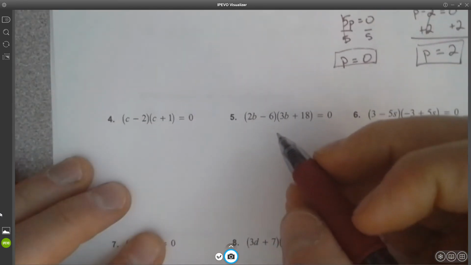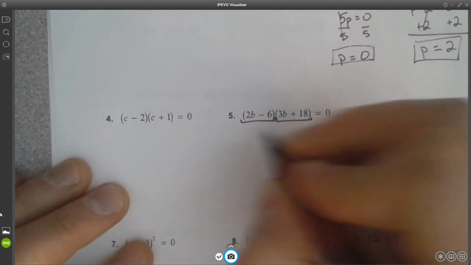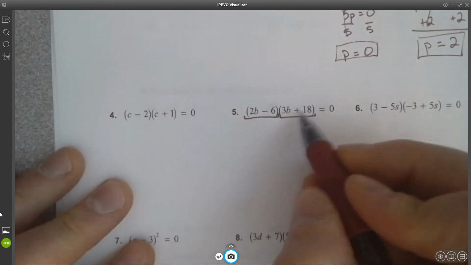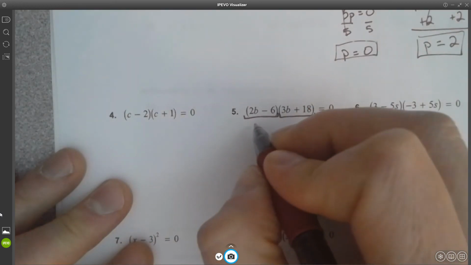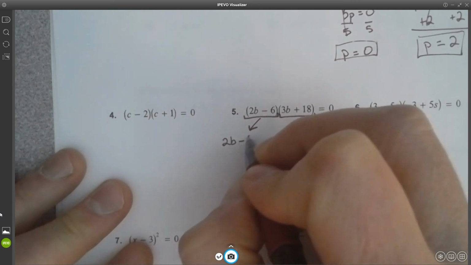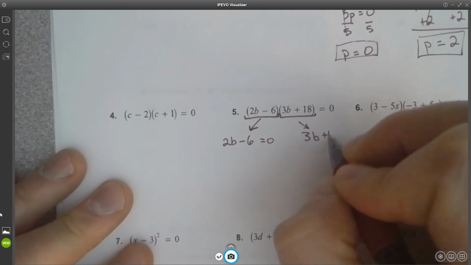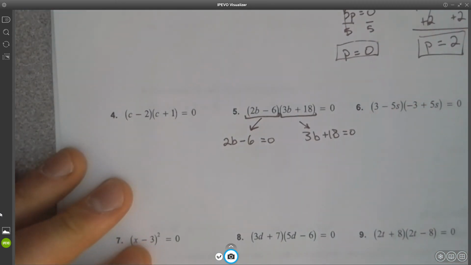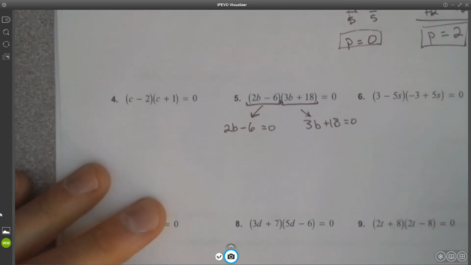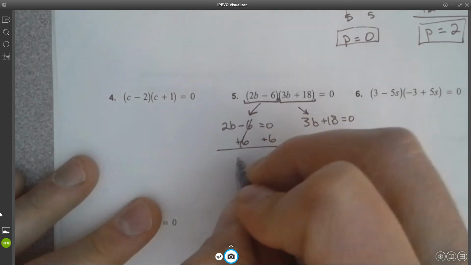Trying that again with number 5, here's my two factors, 2b minus 6 is one, and 3b plus 18 is the other. So again, it's in factored form. It equals 0. This means that either 2b minus 6 has to equal 0, or 3b plus 18 has to equal 0. So now all I have to do is just use linear equation solving to solve each one of these. I'll add 6 to get rid of that minus 6.